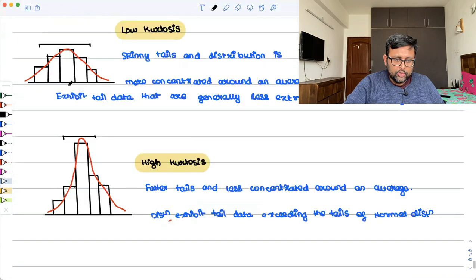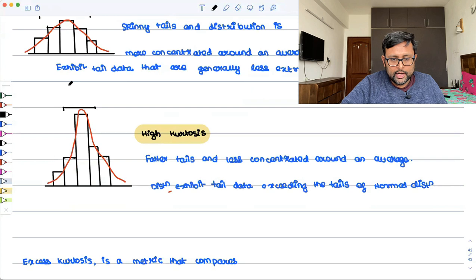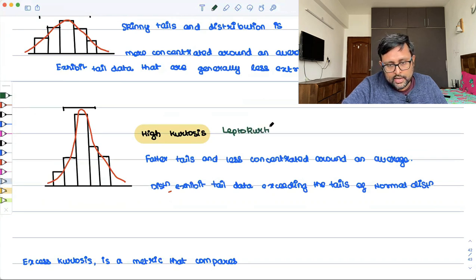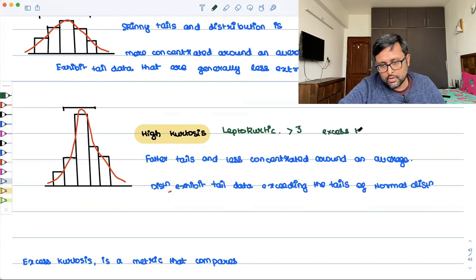Your leptokurtic distribution, that is what your high kurtosis is. It has kurtosis of greater than 3 and excess kurtosis of greater than 0, right?